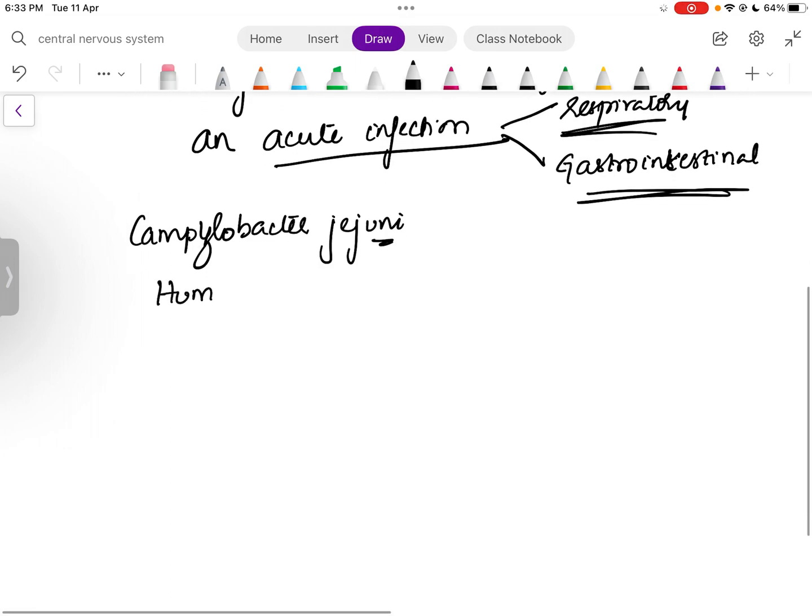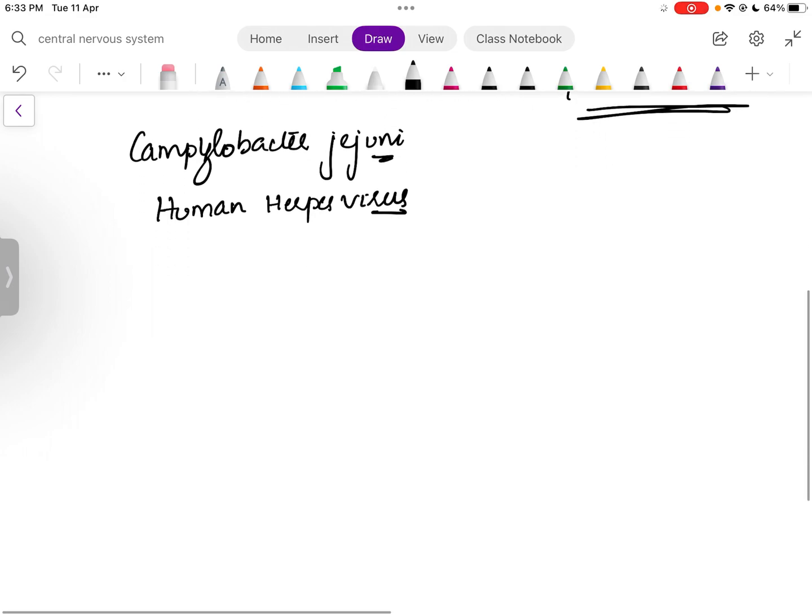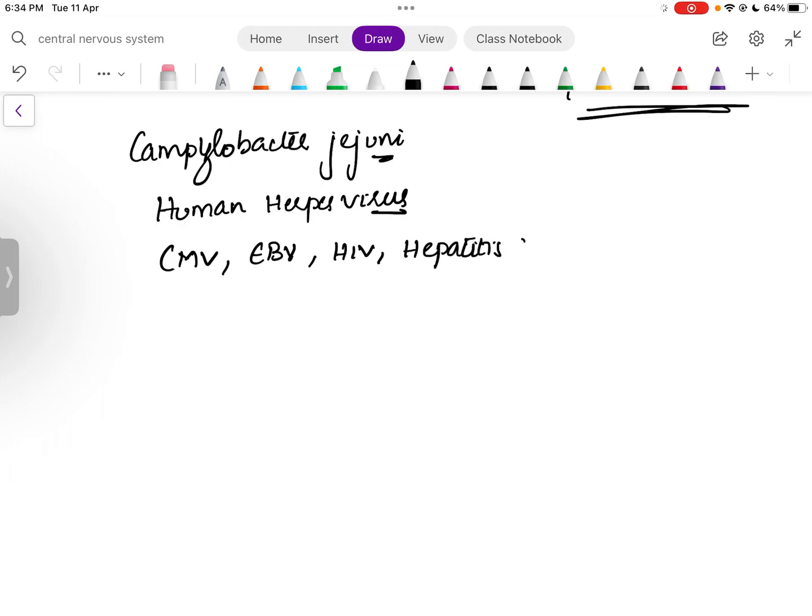Next, human herpes virus, CMV, cytomegalovirus, Epstein-Barr virus, HIV, hepatitis E, Zika virus, and Mycoplasma pneumonia.